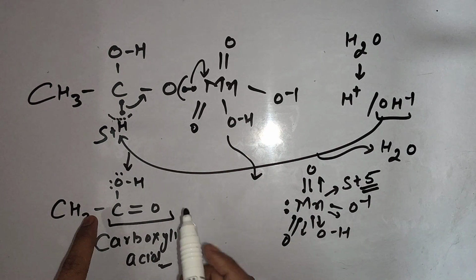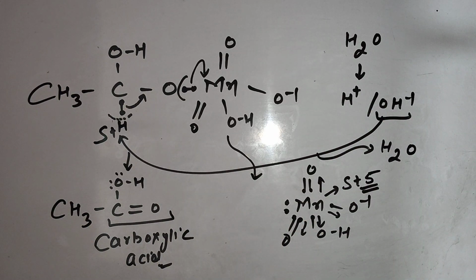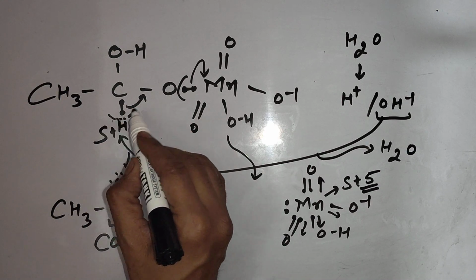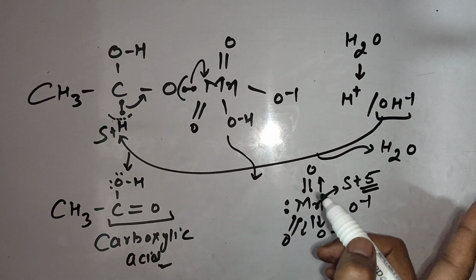Now, can you tell why carboxylic acid is not further getting oxidized? The reason is it doesn't have such type of hydrogen. You will say, can't it hydrate itself like aldehyde?